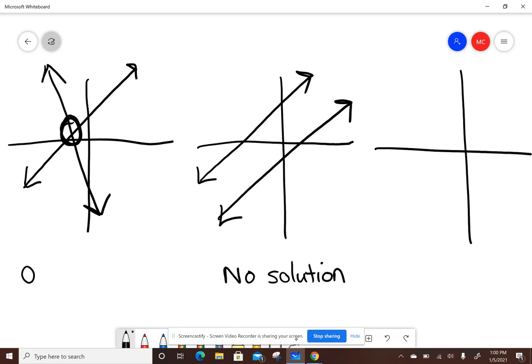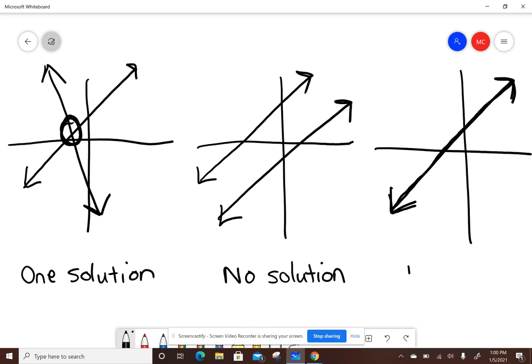So when they intersect, there's one solution. When they don't intersect, there's no solution. And the last possibility is this is one line, and now I'm graphing my other line, and I realize, oh, look at that. They're the exact same line. We call this coinciding lines.